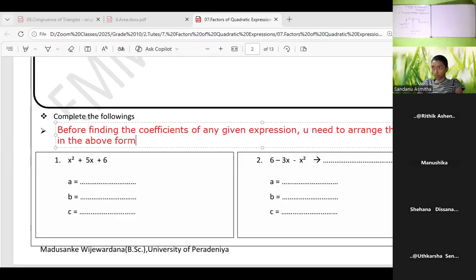You need to exactly prepare any given expression the same as the above form.